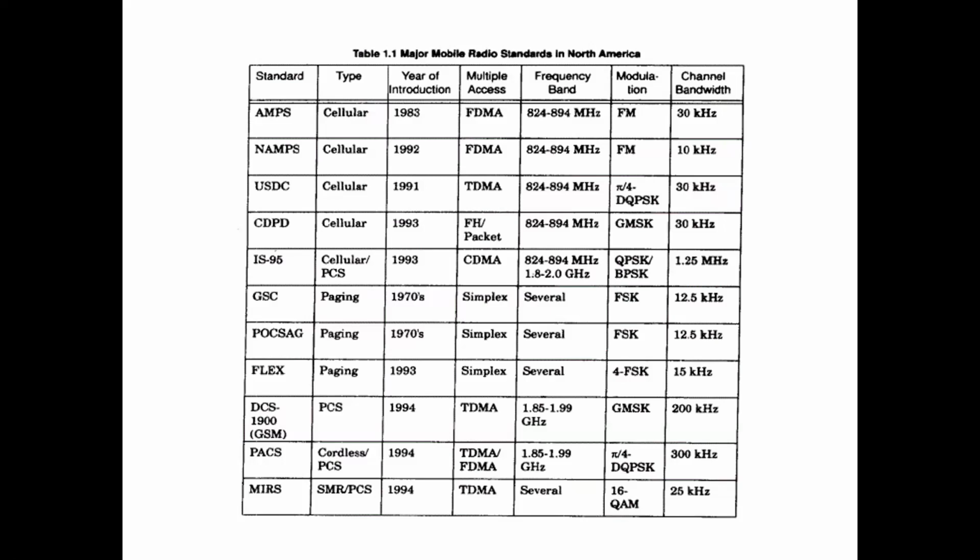What is meant by multiple access? Many users can use the same bandwidth at the same time. There will be interference, but they all can use the same bandwidth, the same channel.